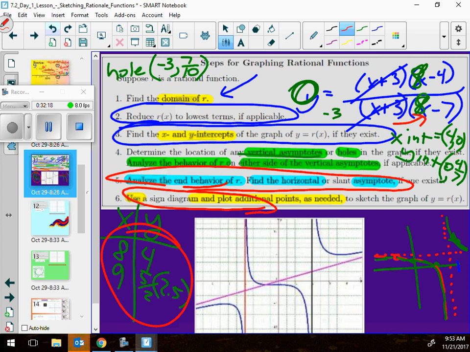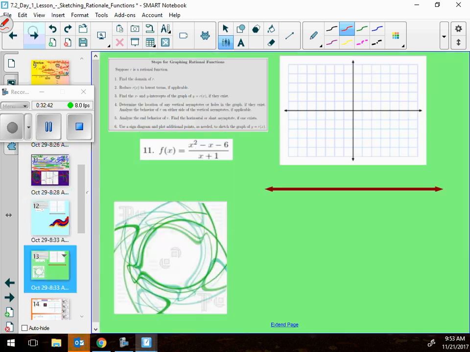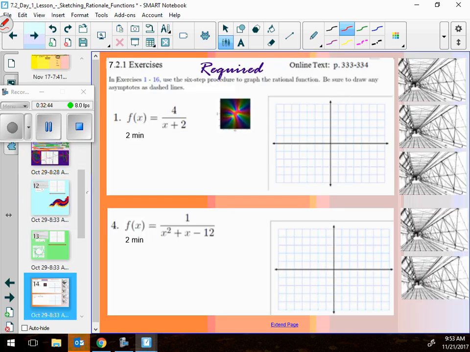Except, I guess, unless you happen to notice where you get a hole, the sign chart might not remind you that there's asymptotes there or holes there. You could do this whole lesson today with just an XY chart. If you didn't also get the asymptotes and holes, yeah, you'd lose some points, but the XY chart is more important than almost anything.